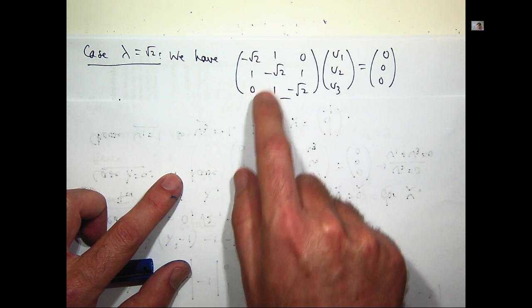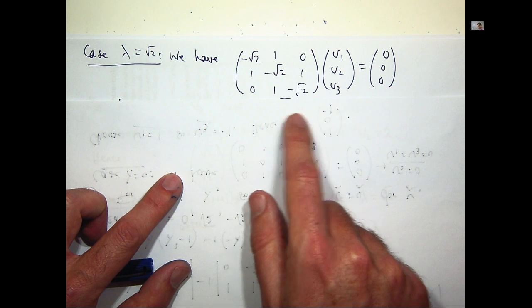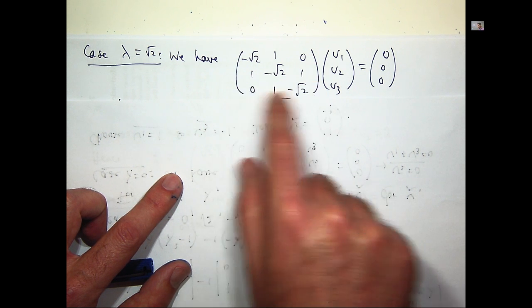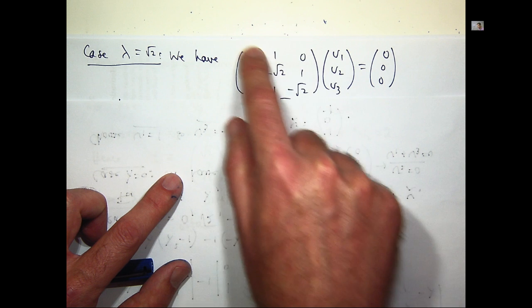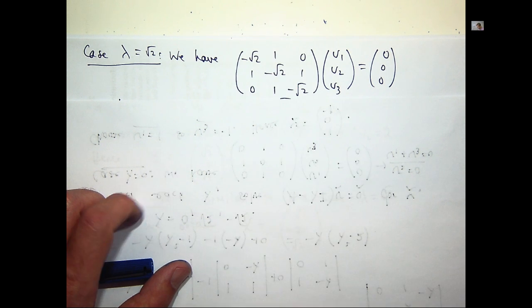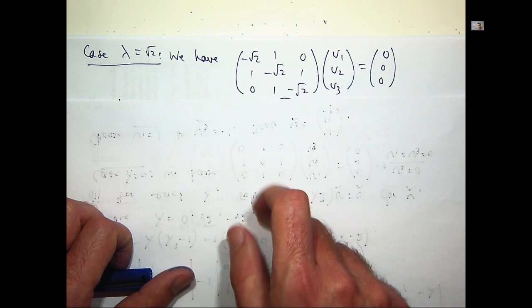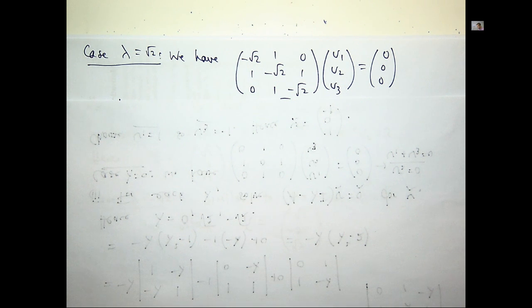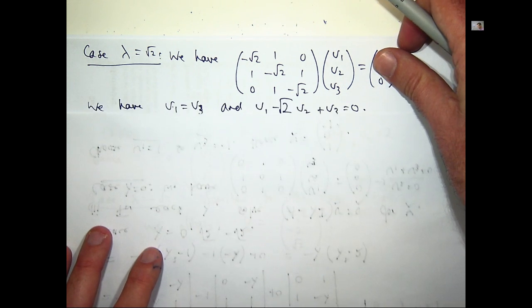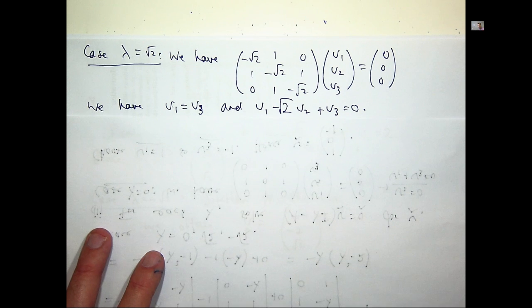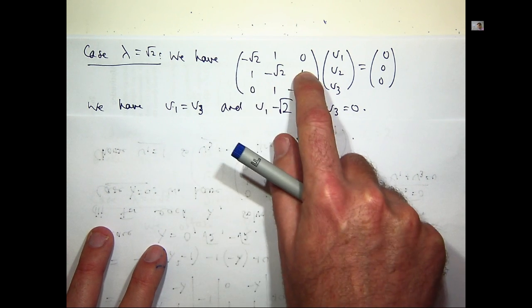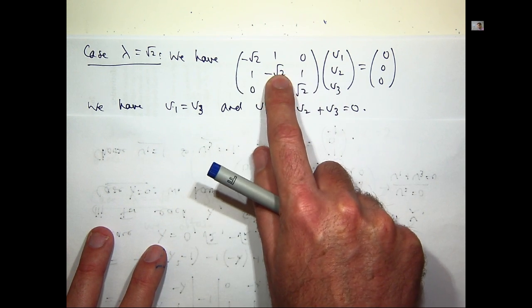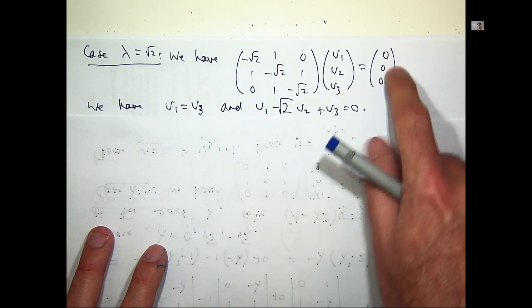So if I take row 3 away from row 1, these 1s are going to cancel. Okay, and I'm going to get something like root 2 v1 equals root 2 v3. In other words, v1 equals v3.